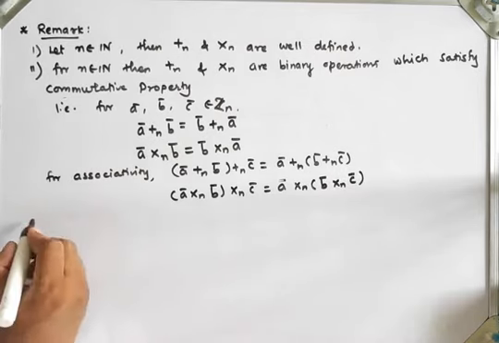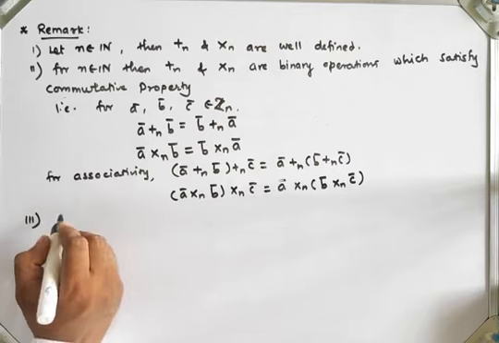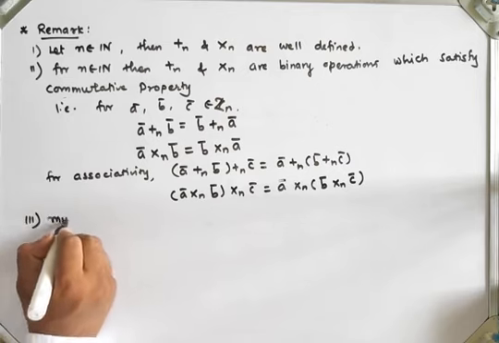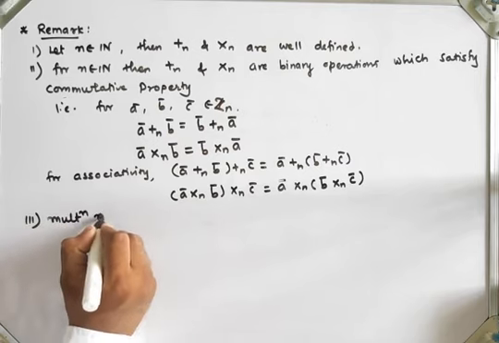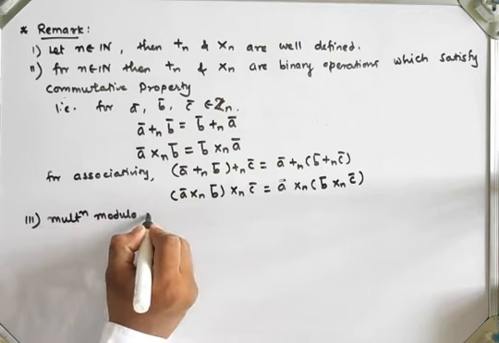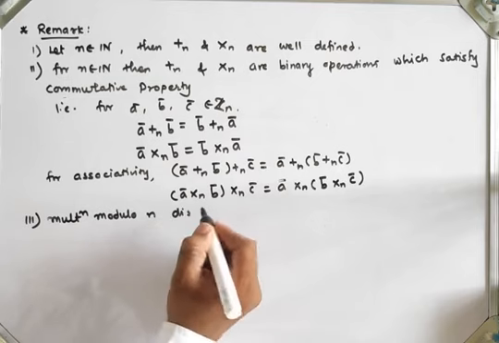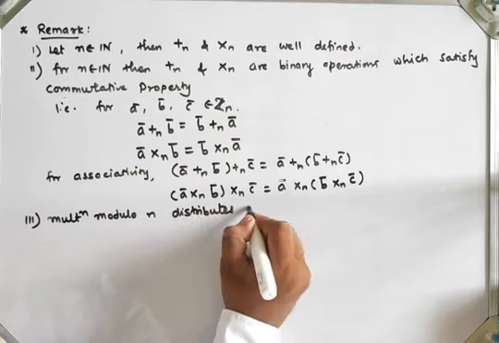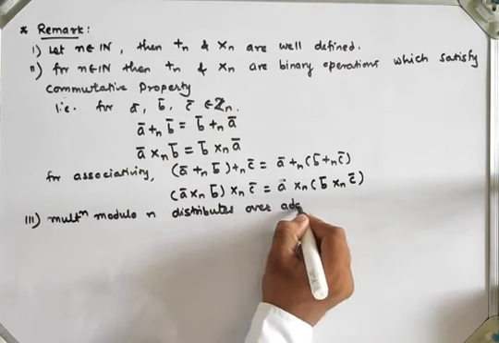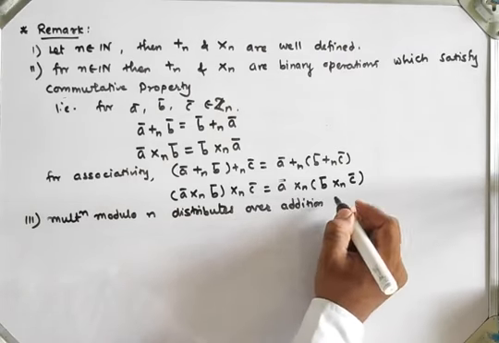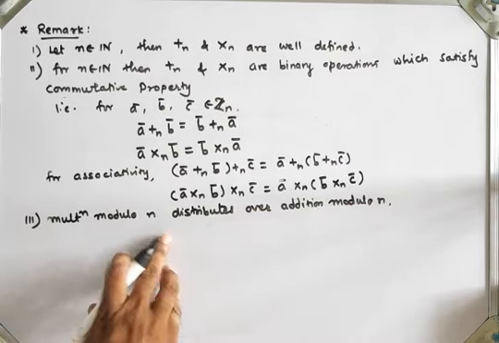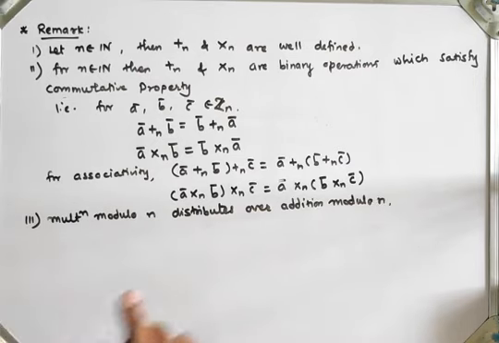And third is that multiplication modulo n is distributive over addition modulo n. So it means multiplication modulo n satisfies the distributive property.